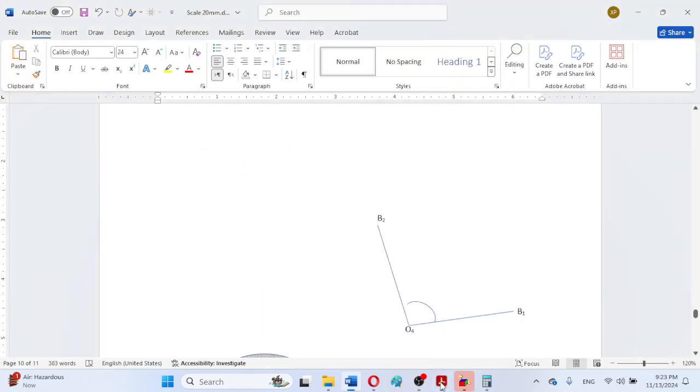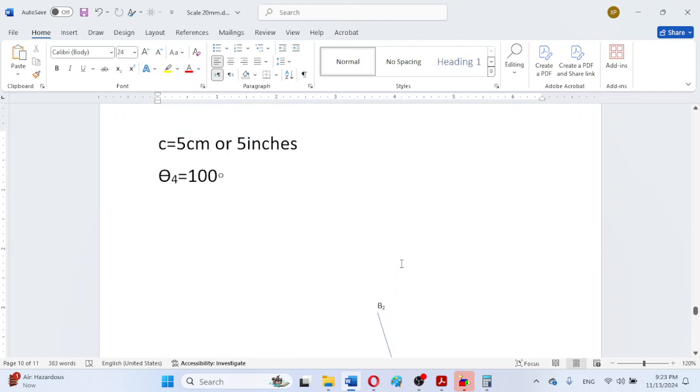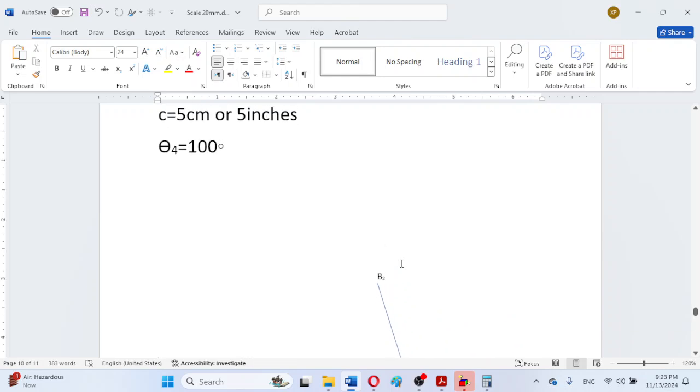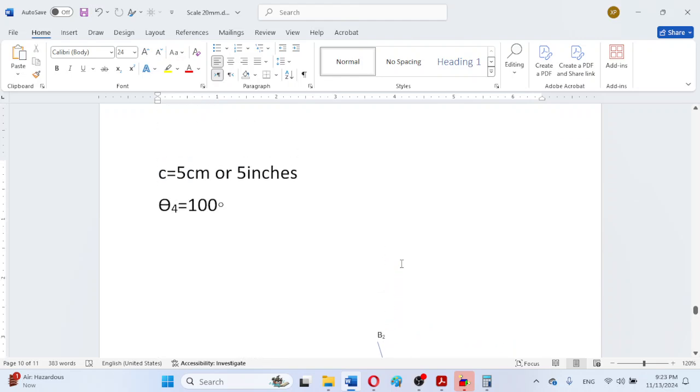So I will be performing the procedure here.